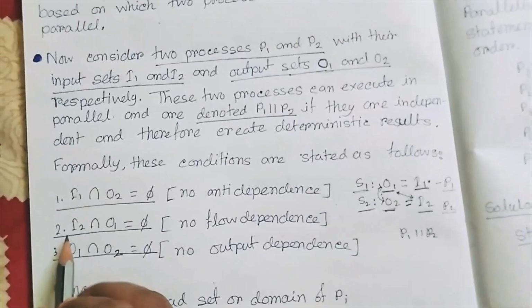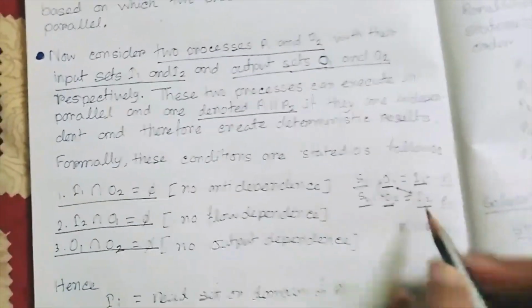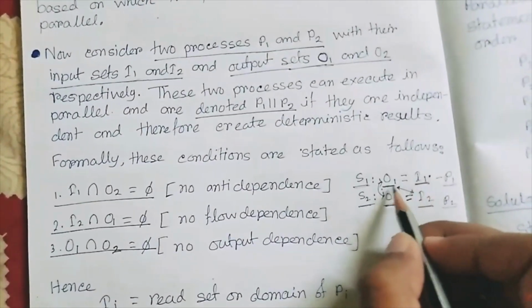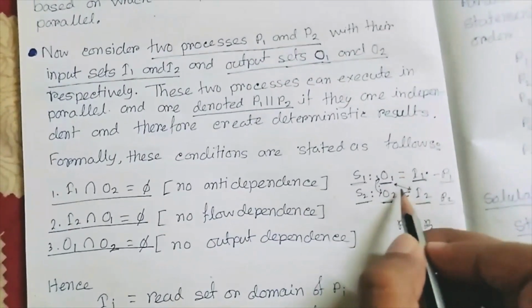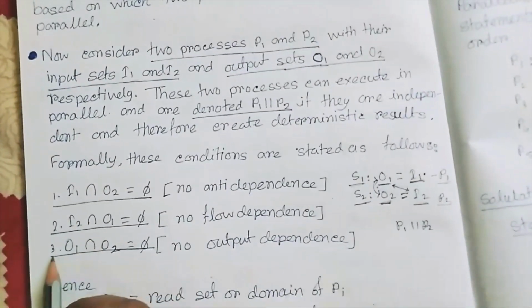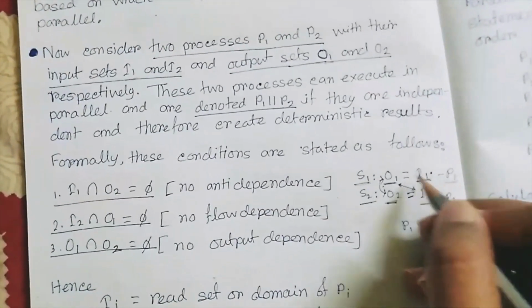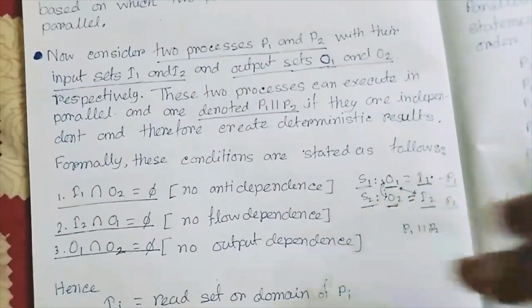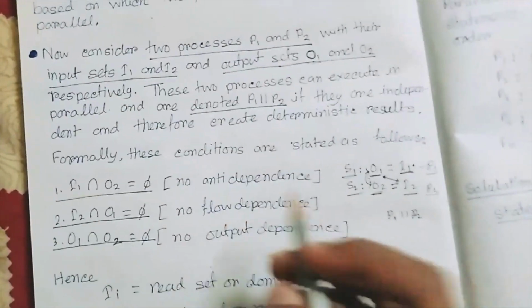For the second condition, I2 intersection O1, the input set of S2 and the output set of S1 should have a null intersection. And for O1 intersection O2 equal to null, the outputs of both S1 and S2 should not be common.